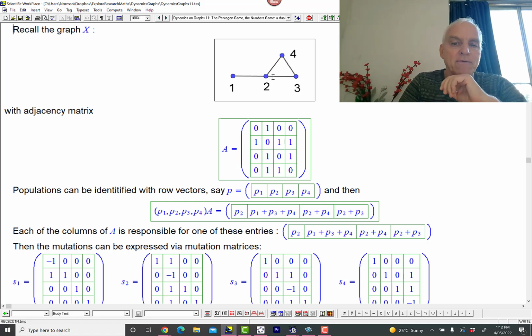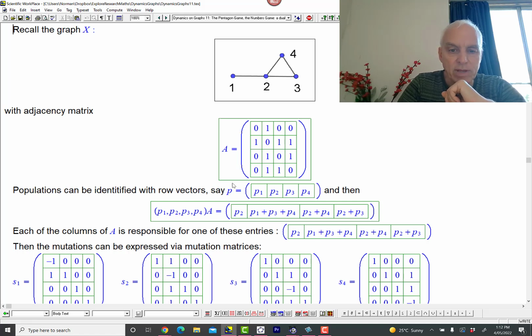First of all, the population at 2 negates, and to combat that, each of the directly adjacent vertices, which in this case are 1, 3, and 4, will clone their populations and send those populations down these roads into the mutating city to perhaps cancel the mutations that appear there.